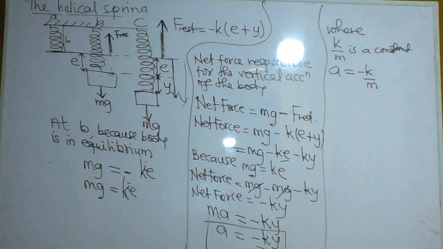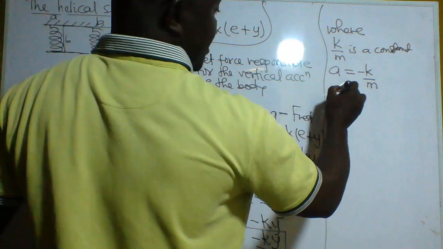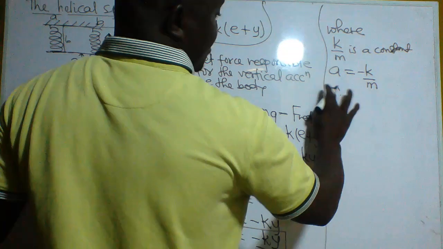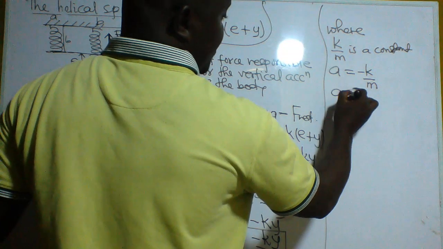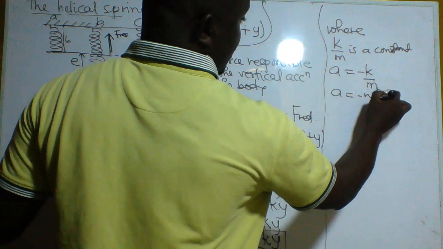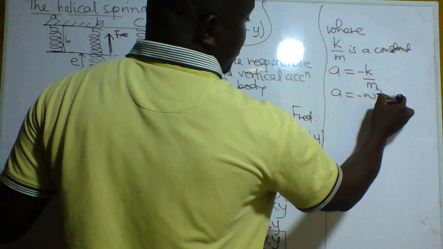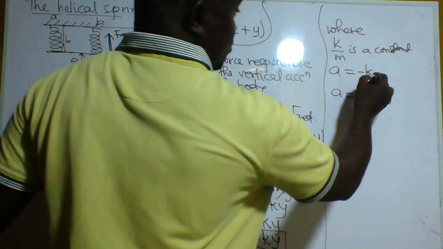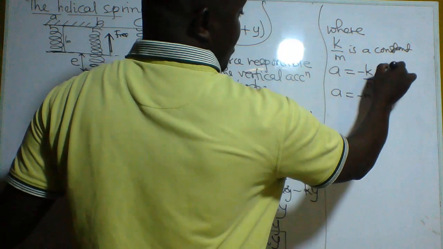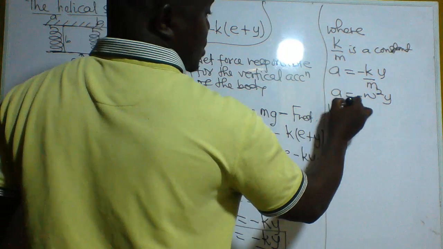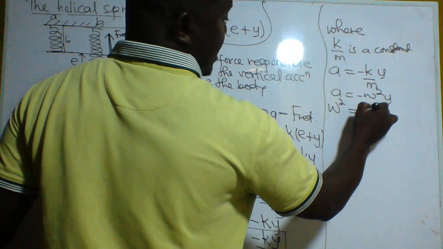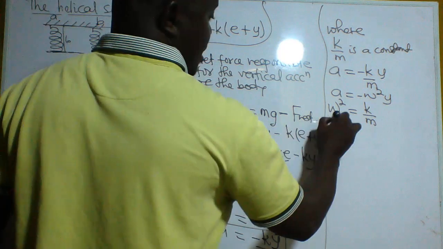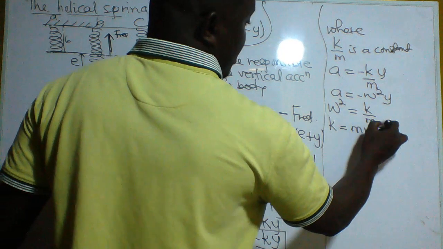Alright, and then we also got the relation for the period of oscillation, where we realize that the equation for the general acceleration of a body is equal to minus omega squared y, and for SHM is equal to minus k over m y. Therefore, omega squared is equal to k over m.